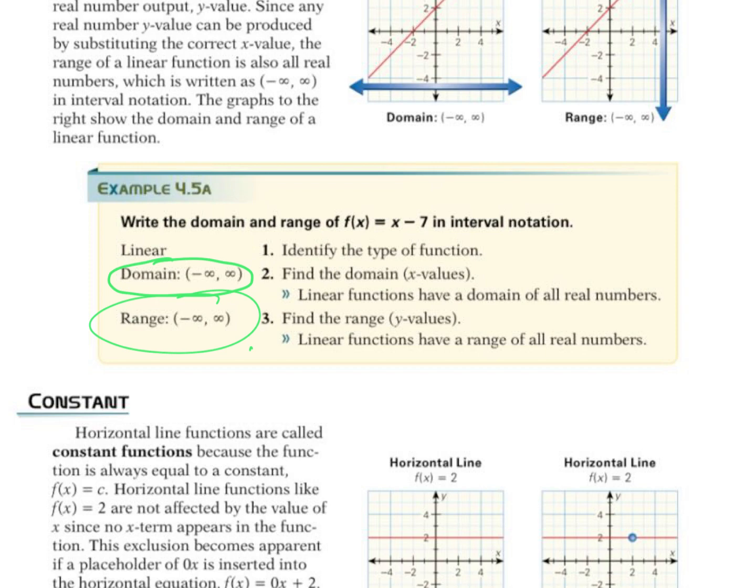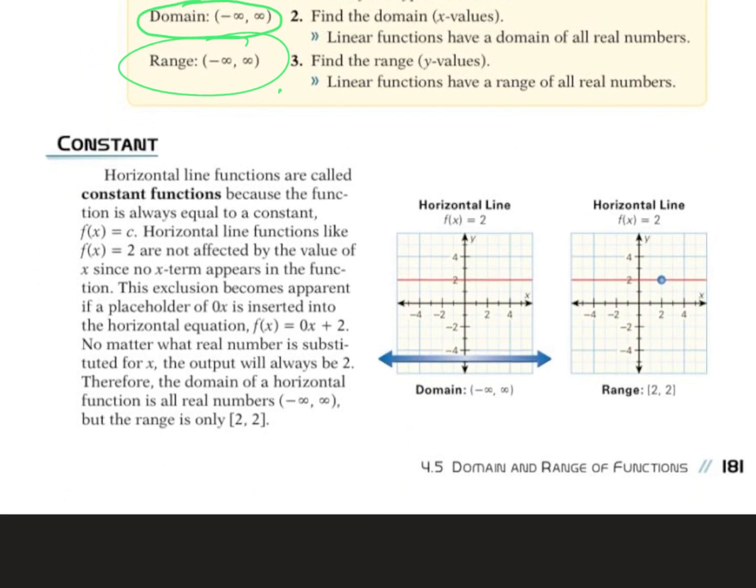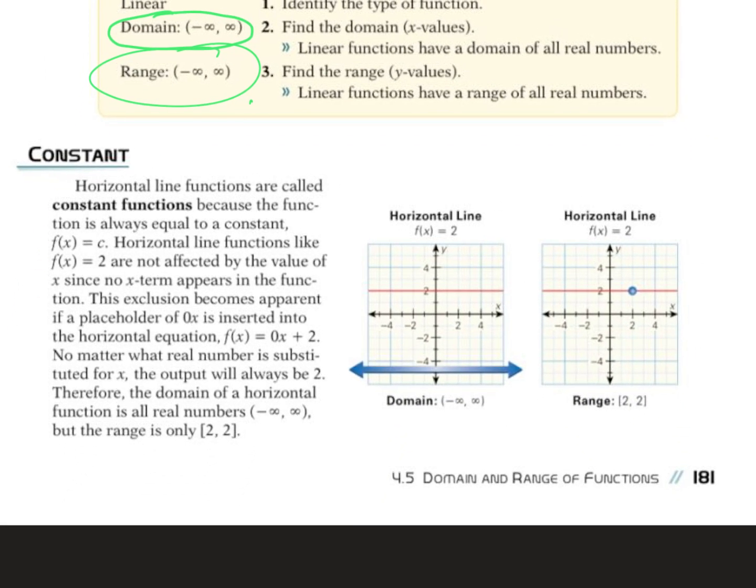Okay, so let's talk about constant functions. That's when you've got a horizontal line, right? So what would your domain be? What are the possible x values? Negative infinity to infinity. Yes. Always, because it's always going all the way across, right?